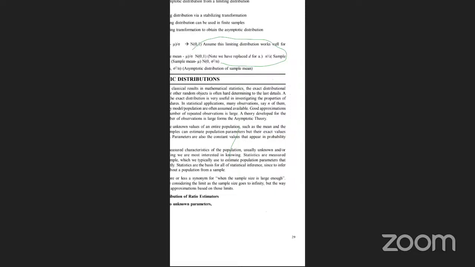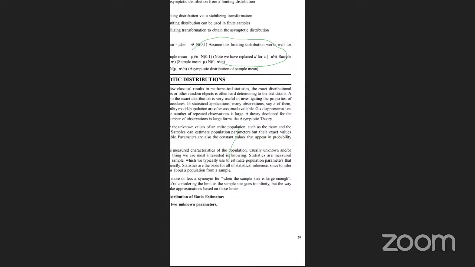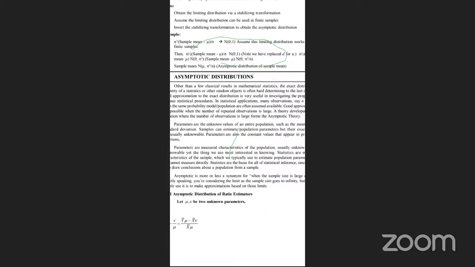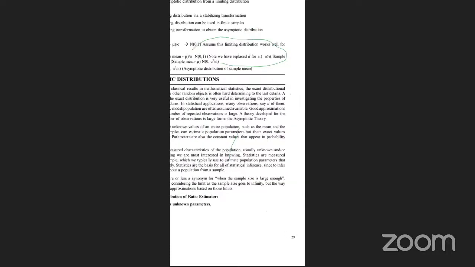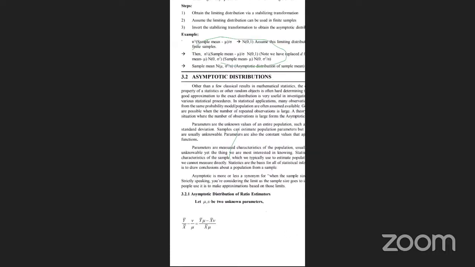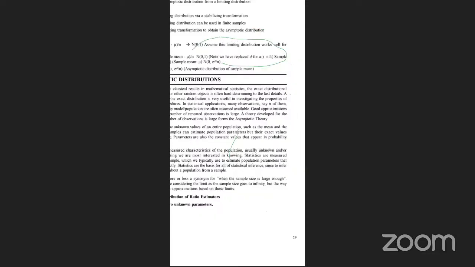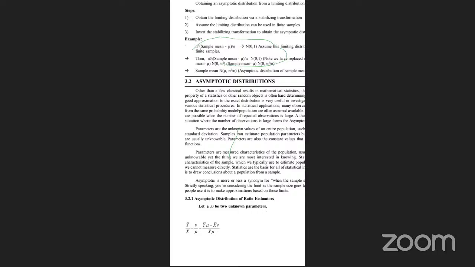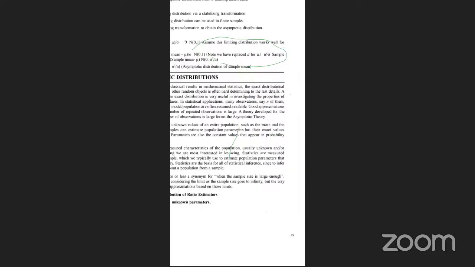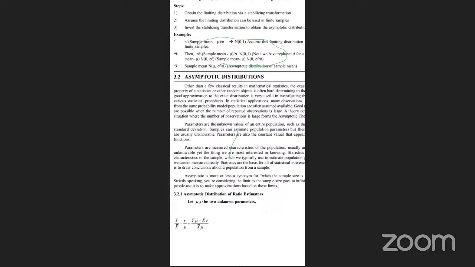Samples can estimate population parameters, but their exact values are usually unknowable. Parameters are also the constant values that appear in probability functions. Parameters are measured characteristics of the population, usually unknown and unknowable, which we are most interested in knowing. Statistics are measured characteristics of the sample, which we typically use to estimate population parameters that we cannot measure directly.